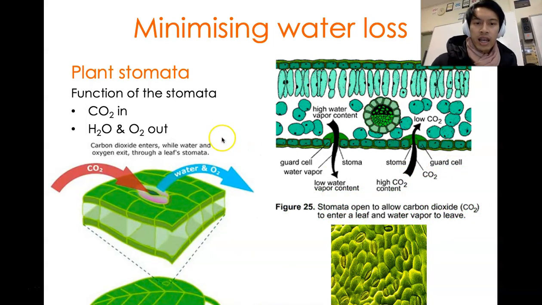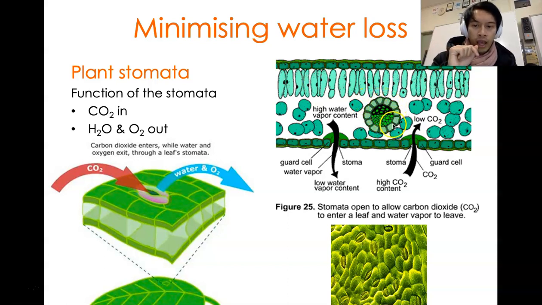Now, to understand how plants minimize water loss, you need to understand the function of one of the structures called the stomata. The stomata is the opening of the leaf. If you were to take a look at a cross section of the leaf, cutting it straight down the middle, you're going to see that the vein that runs along the middle of that leaf, that little vein that you see branch out along the leaf, is called a transport vessel.